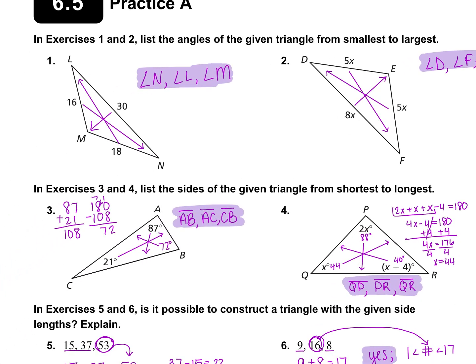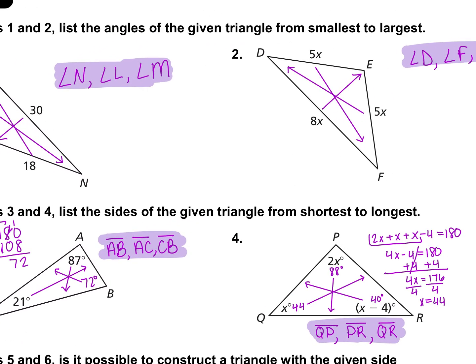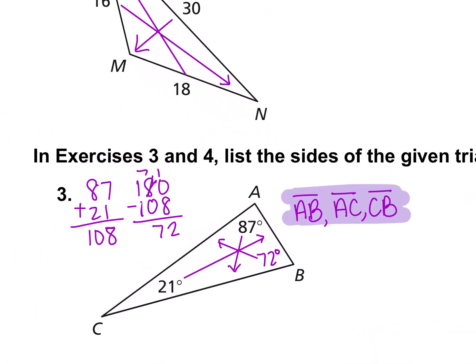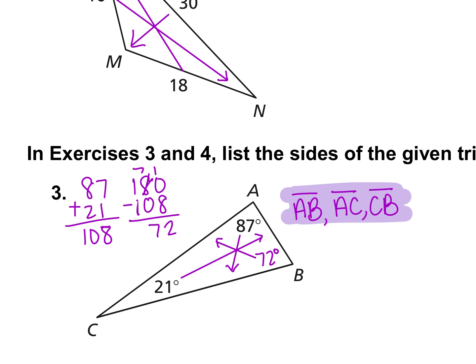Okay. Looking at number 3, it says listed from shortest to longest. The first thing I had to do for this one was find my missing angle. I added the 2 angles that were given, got 108, and subtracted from 180. This angle right here is going to be 72. They said from shortest to longest, so I found my smallest angle, which makes this side shortest: AB, or BA is fine.